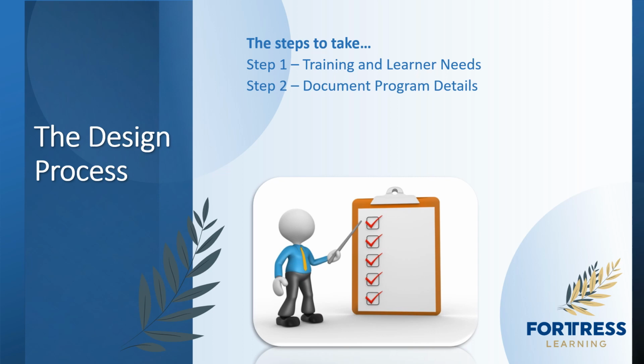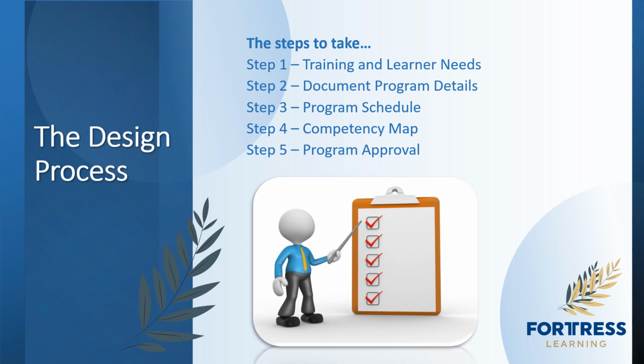This will include developing an overall program schedule that can lead to the development of session plans. It is also important to include a mapping document that identifies where the program schedule addresses the requirements of the unit or units of competency the program is covering. Finally, review the program with relevant stakeholders to ensure the client's needs are addressed.